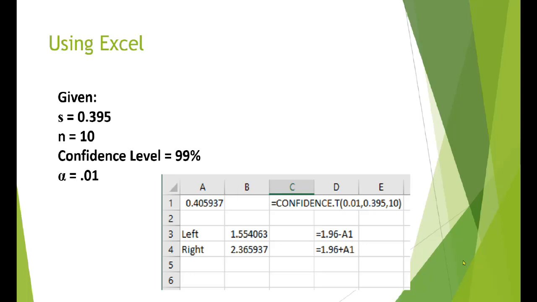Alpha this time is 0.01 because we're 99% confident. S, the sample standard deviation, is 0.395, and N, the number in our sample, is 10. And the value that's returned is 0.405937, and that will give us the same two endpoints for the confidence interval.